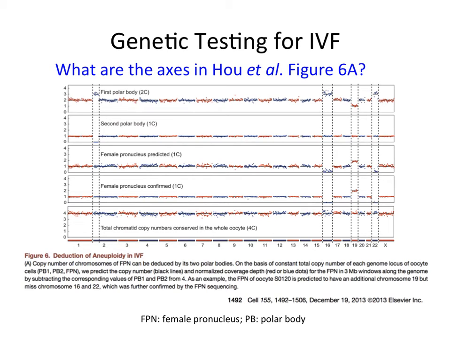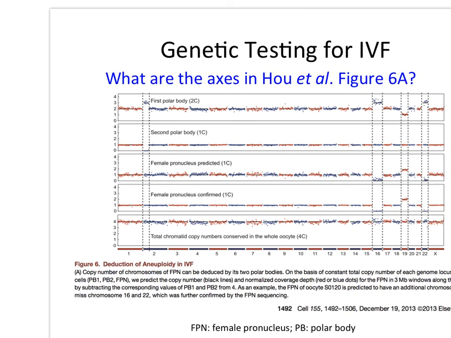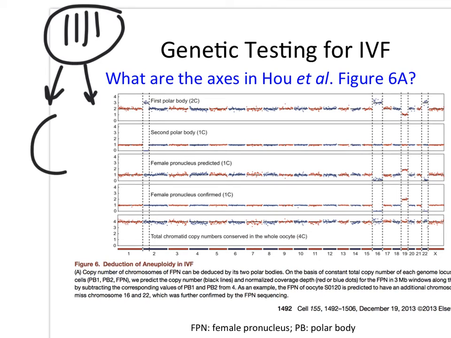It's a proof of principle of an approach to figuring out whether we can get the DNA out of the two polar bodies. So let me draw this again briefly so that we're on the same page. If you have an oocyte that just has 1 chromosome, say chromosome 1, at the first division you get the first polar body.